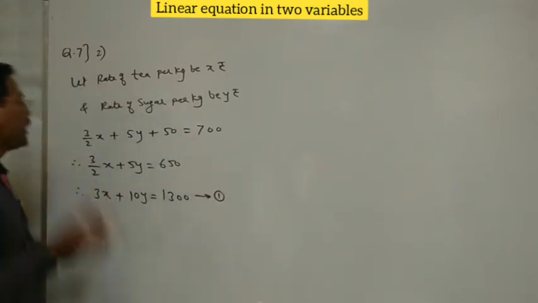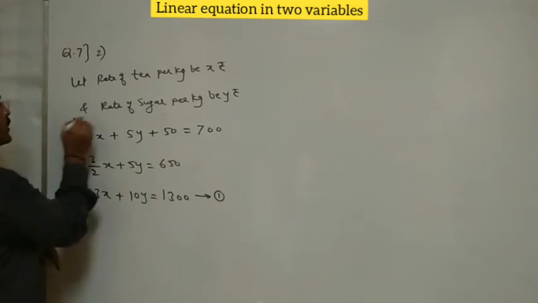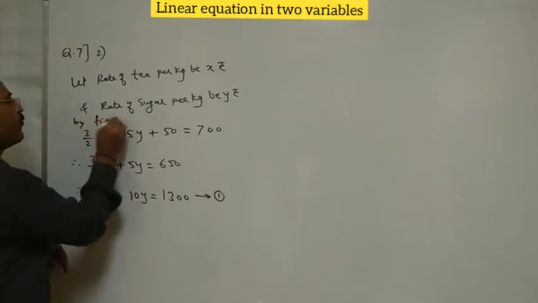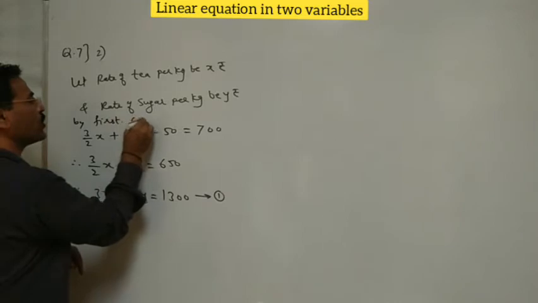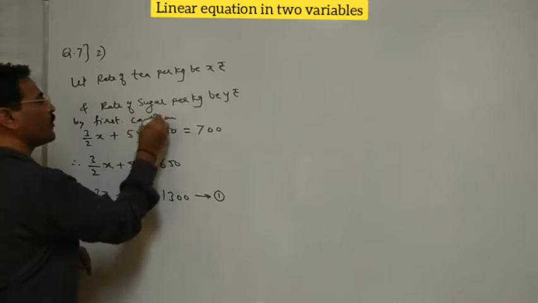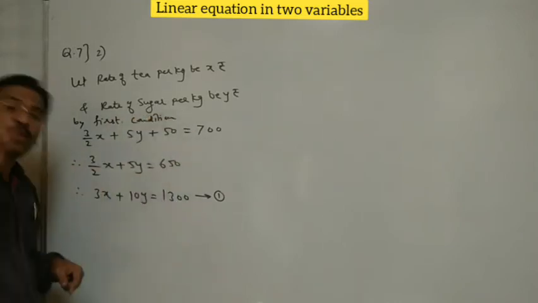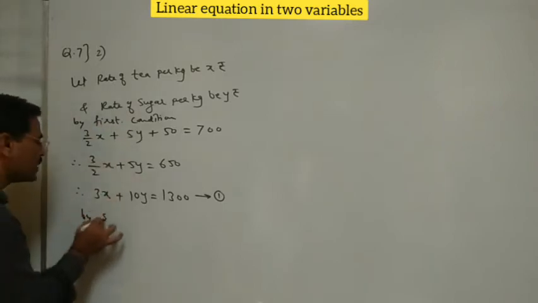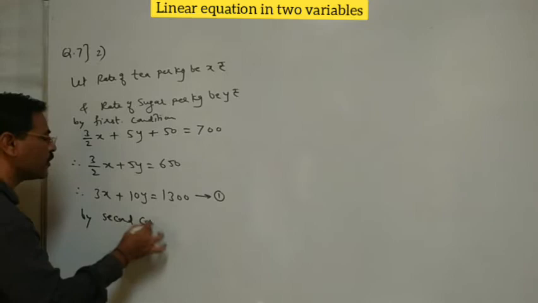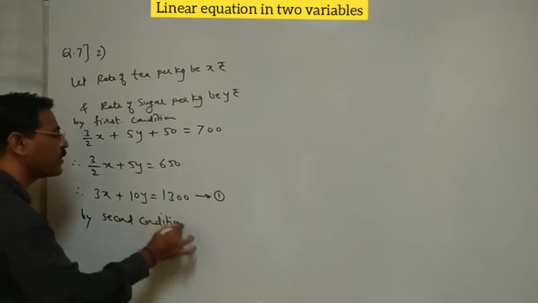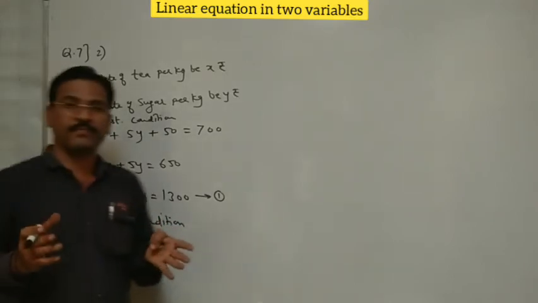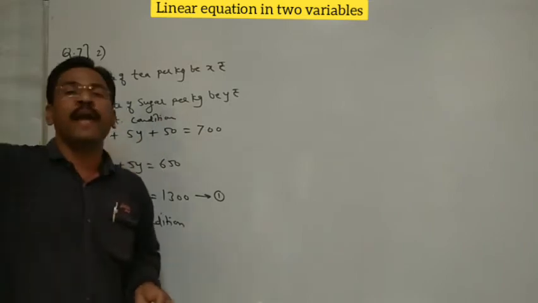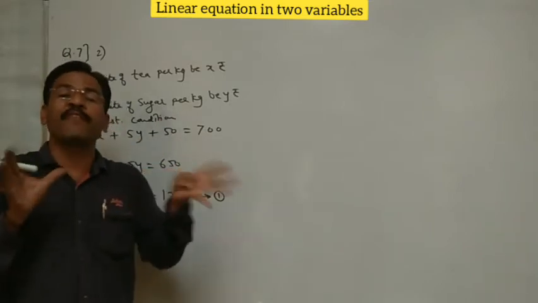Understand? Similarly, we'll write here by the second condition, because in these kinds of examples there are 2 conditions given. This is the first one, and right now the second condition. What is condition number 2? She realized if she ordered online, she can save that rickshaw fare.